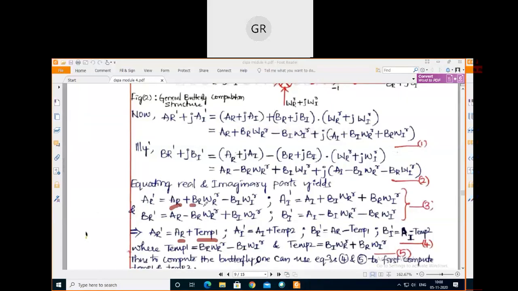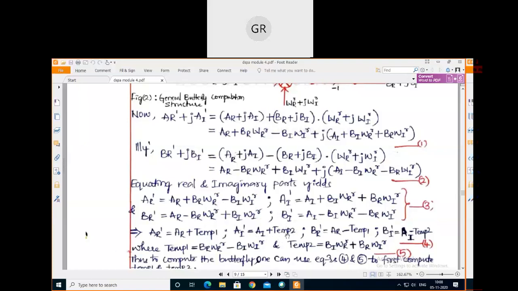BR WRr minus BI WIr. AR' and BR' consist of the same parameters. Then AI' is AI plus TEMP2.